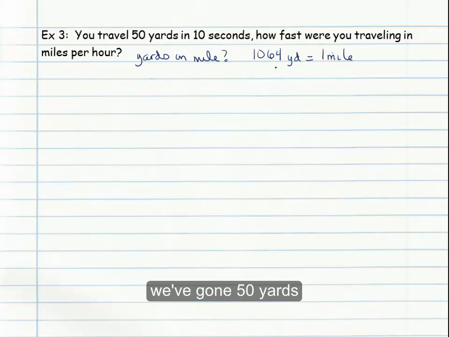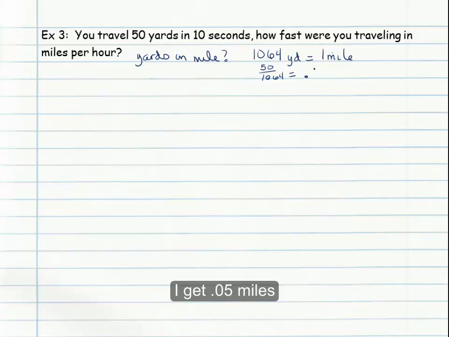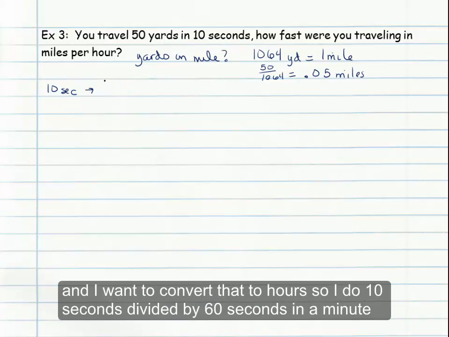We've gone 50 yards. So if I take 50 and I divide it by 1,064, I get 0.05 miles. And now I have 10 seconds. And I want to convert that to hours.